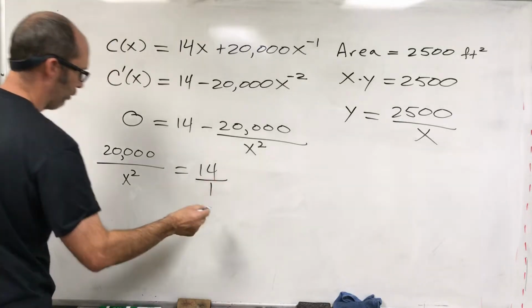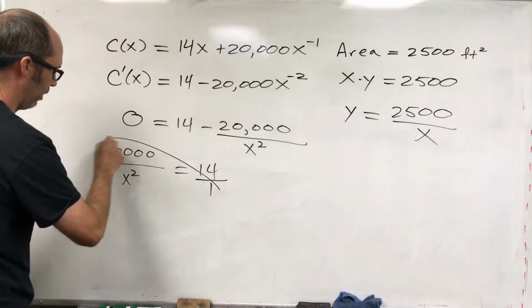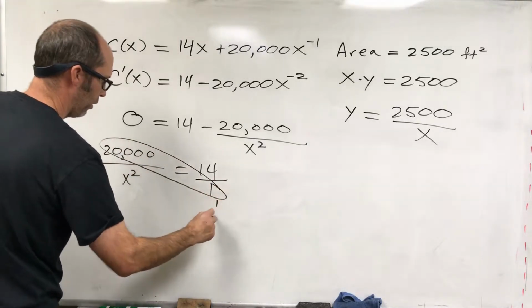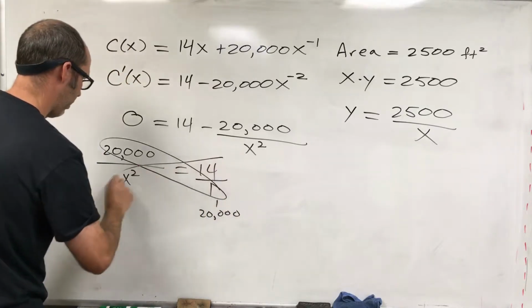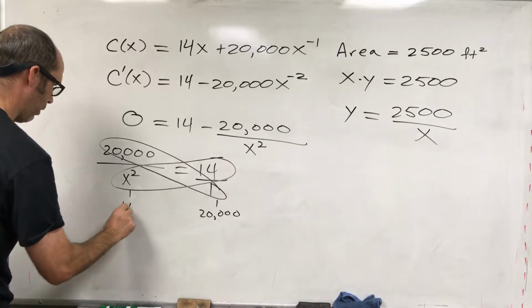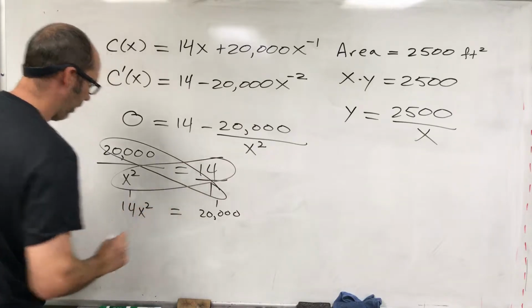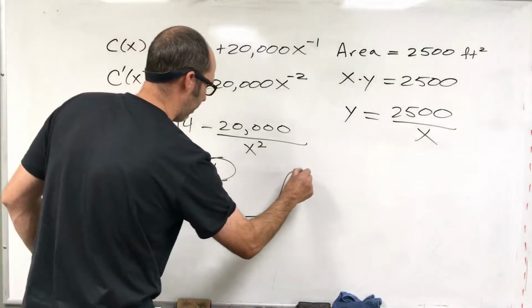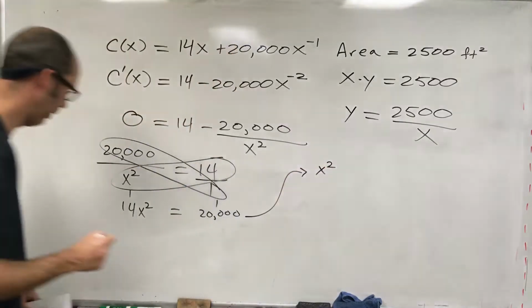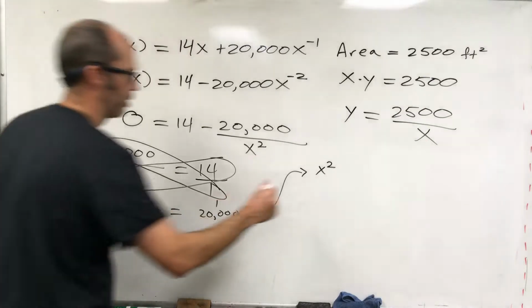You can think of this as 14 over 1, so that's going to give you 20,000, x squared equal to that. Okay, solving for x squared. If x squared is equal to 20,000 divided by 14.